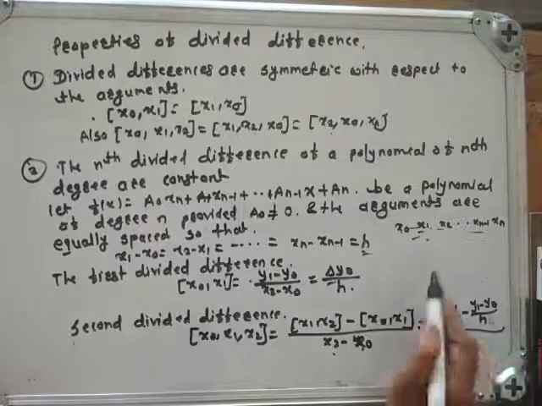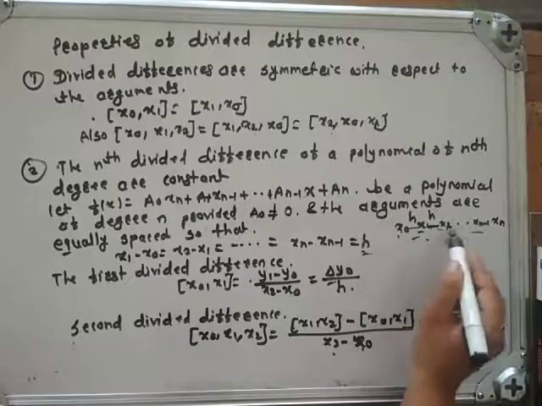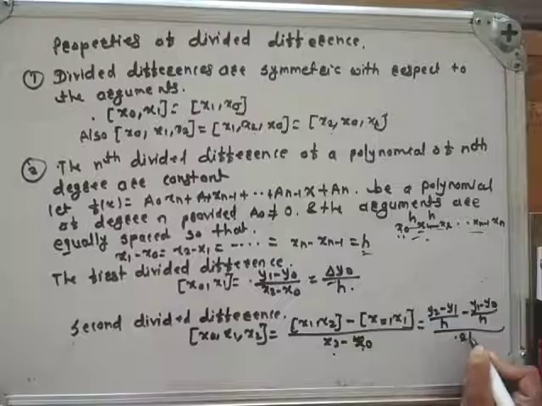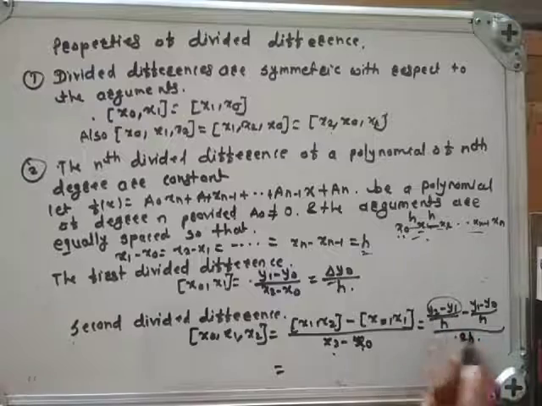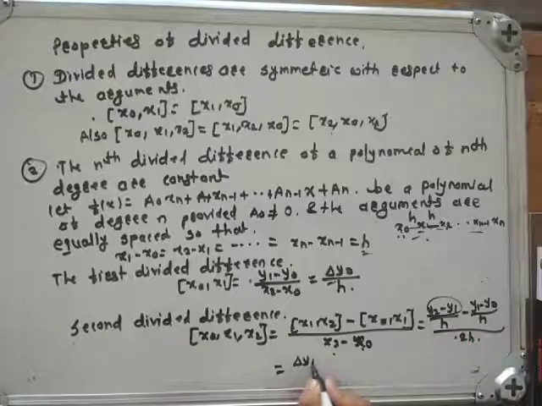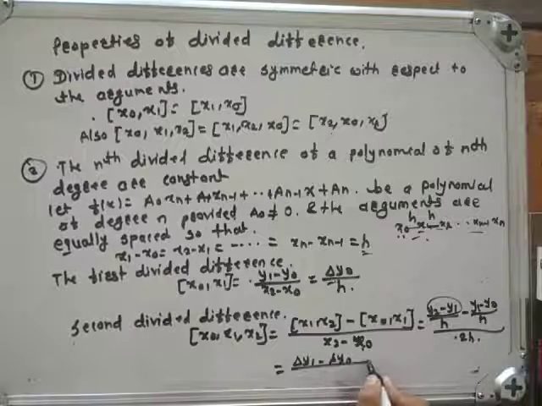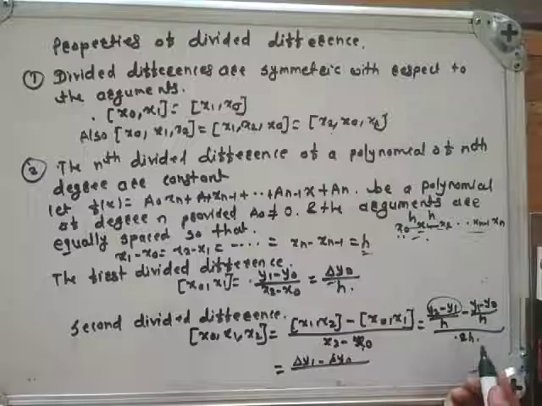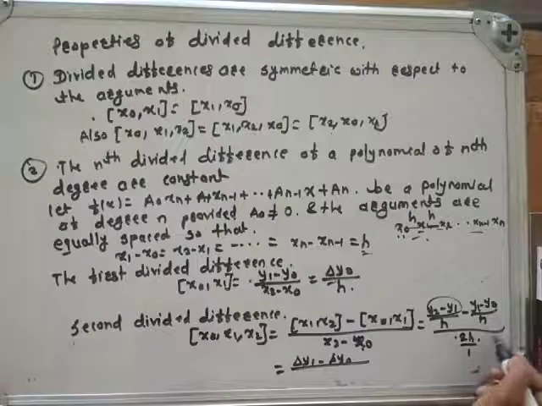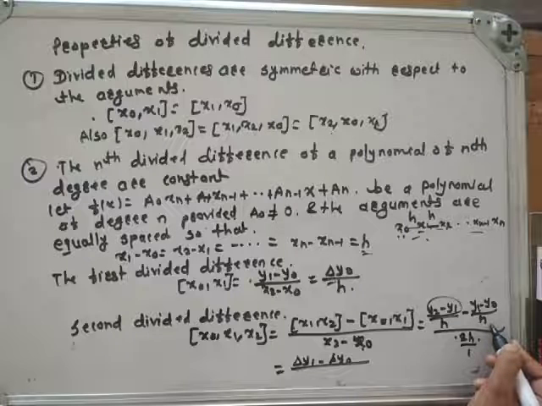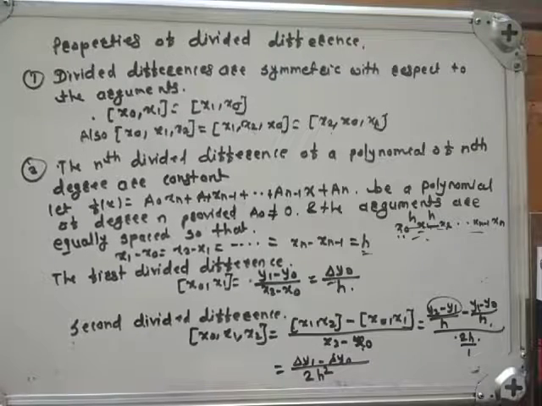Here each difference is h, so x2 minus x0 is 2h. This is delta y1 minus delta y0 upon h, over 2h. When 2h goes to the numerator, it becomes 2 into h square.